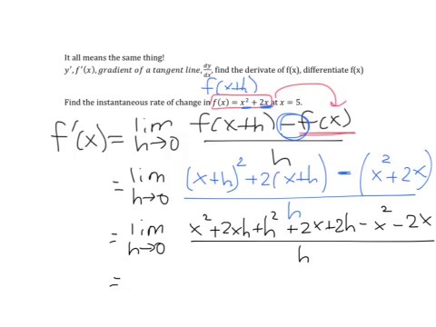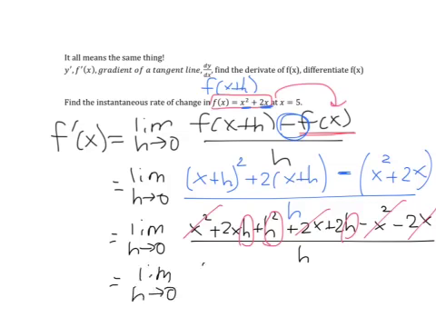Let's try to cancel things out in here. X squared, negative 2x, positive 2x. You're always going to be left with the h's in common over here, so you can pull out the h. Limit as h goes to 0.